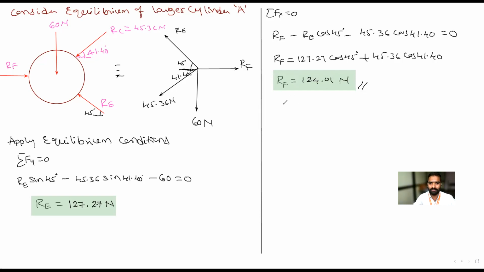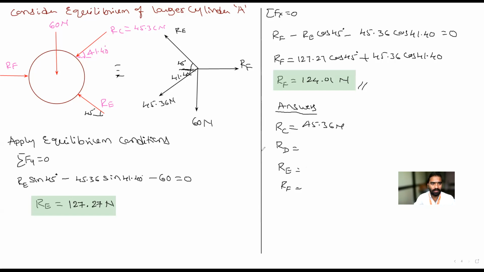From this we got: cylinder A is given, cylinder B is given. I have calculated RC, RD, RE and RF. These are the answers. RC is 45.36 Newton.